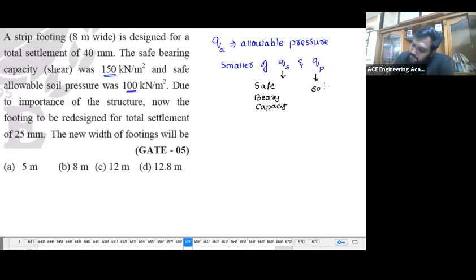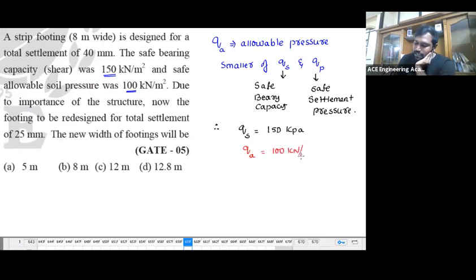And this is nothing but safe settlement pressure. Okay. So now in this question, whatever QS I have given as 150 is the safe bearing capacity, 150 kilopascals. But what is QA? QA is 100 only.